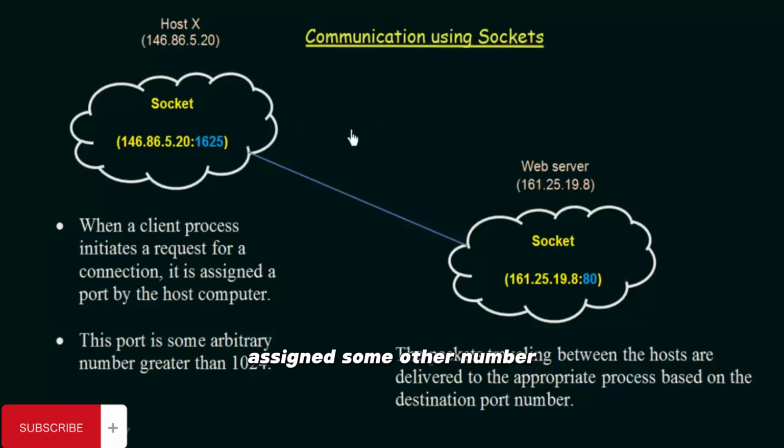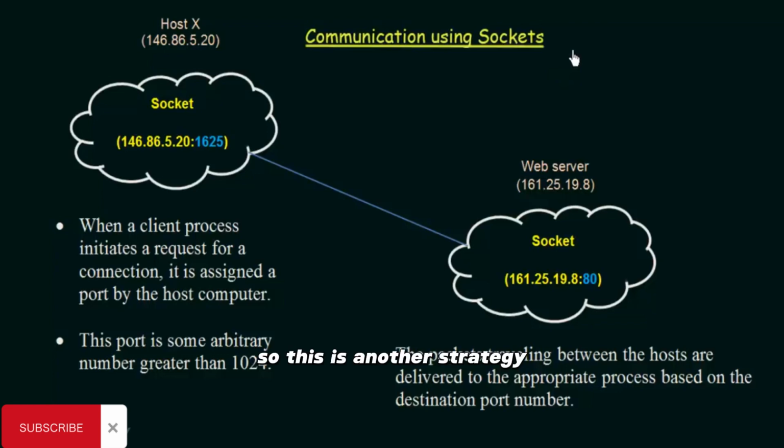So it should be assigned some other number, and make sure it is above 1024. Similarly, the connection will be established between the socket of that process and the web server, and the communication will take place. That is how communication takes place using sockets.